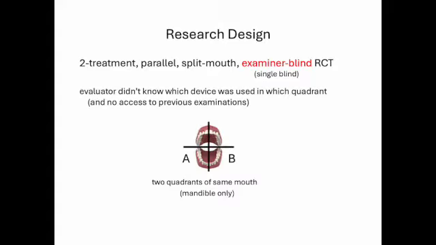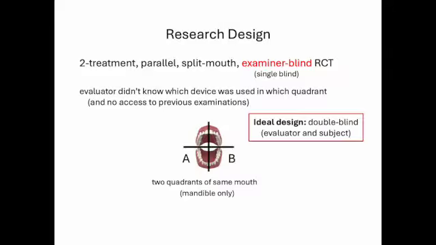This is single blind because the examiner was blinded or masked to the assignment. The ideal design would be that both didn't know, because subjects in a research study tend to want to do well. And if they knew that they were in the treatment group or the special group, they might try harder.